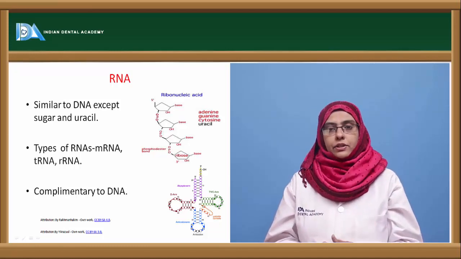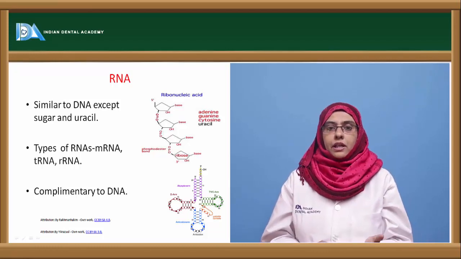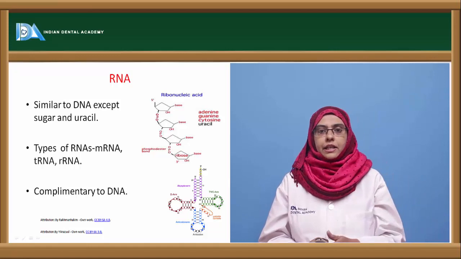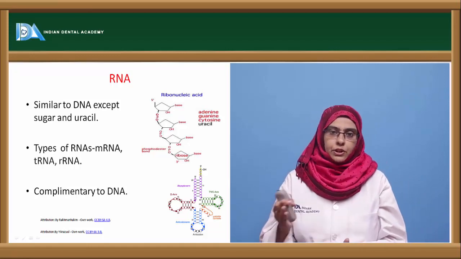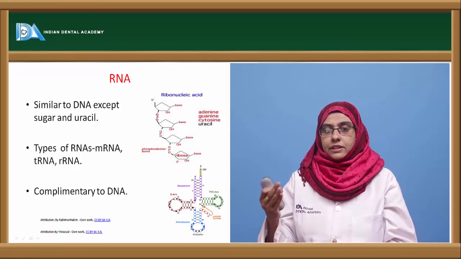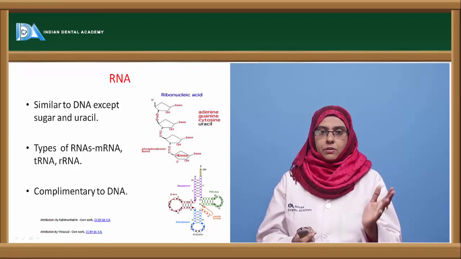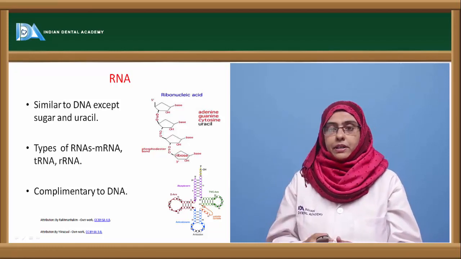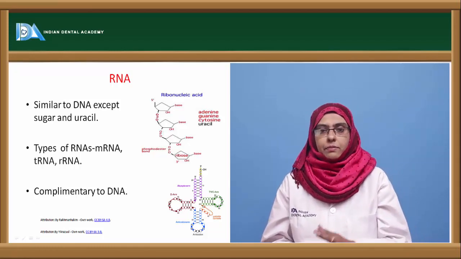And coming to the nitrogen bases, in place of thymine, which is present in DNA, uracil is substituted in the RNA. So these are the two differences that can be seen between DNA and RNA. But the RNA is always complementary to the DNA and it is synthesized from the DNA.